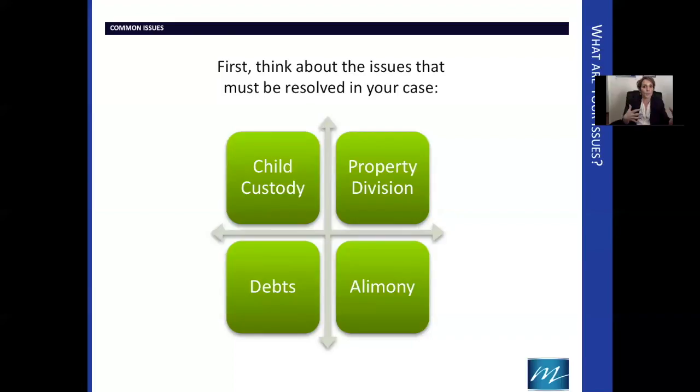Now, the next step is, okay, first you've looked at your issues, and you figured out what the issues are, and how much is on the line for each issue, right? With child custody issues, it's more difficult to assign a number, but nevertheless, you should go through the analysis where you're thinking, okay, my spouse is very abusive and can't be around my children.